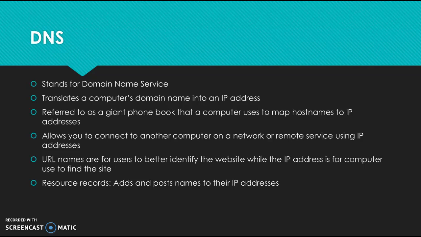It allows you to connect to another computer or network or remote device using an IP address. So my computer talks to another computer, my computer talks to the server to get to a website. My computer can even now talk to TVs, and vice versa. So that's where we're trying to figure out, okay, where do URLs come from? Well, URLs are for users to identify the website.